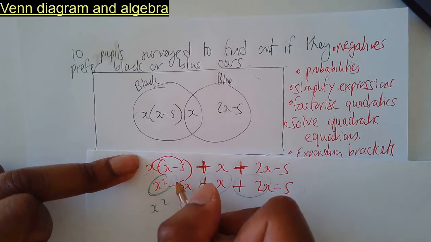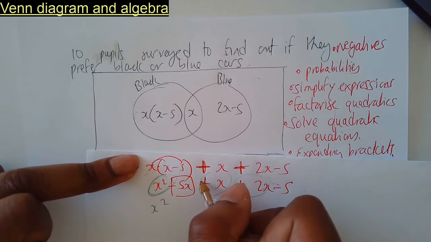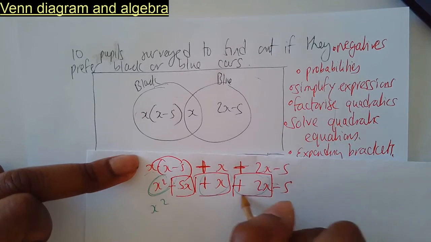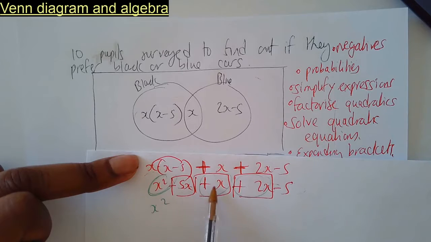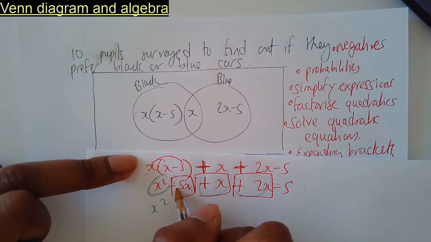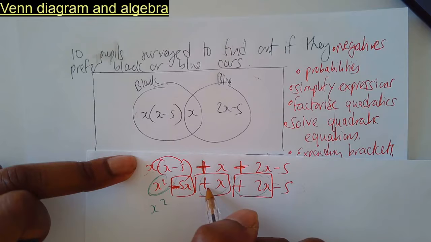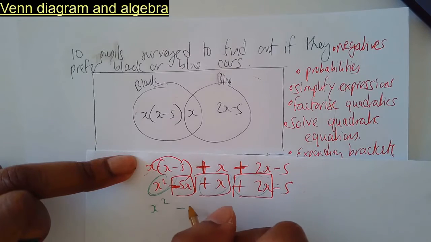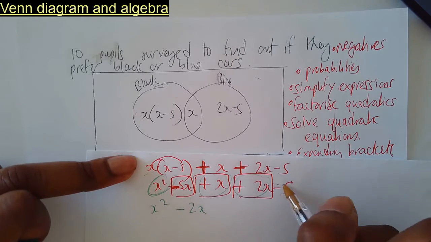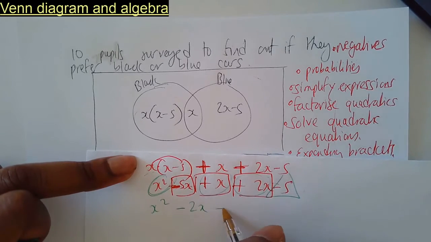You've got minus 5x, add 1x plus 2x. These belong to the same group. So you've got minus 5x, add 1x is minus 4x. Minus 4x add 2x is minus 2x. So you have to think about that on the number line. And then you've got the -5, just the number by itself.